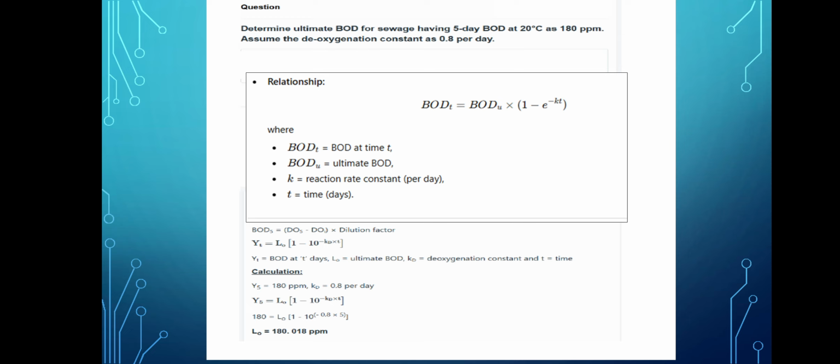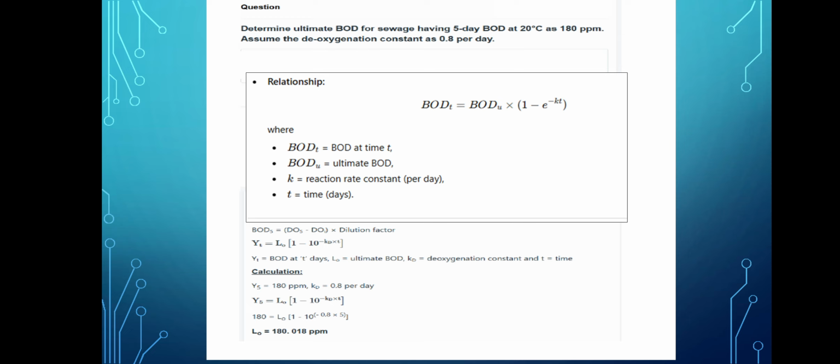We need to deduce the ultimate BOD, that is L0. Kd is the deoxygenation constant, 0.8, and t here is 5. So Y5 equals 180, and we have to deduce L0.